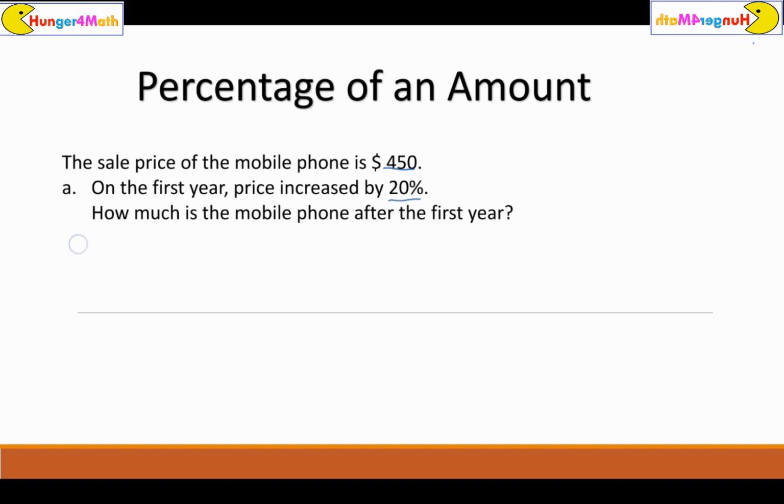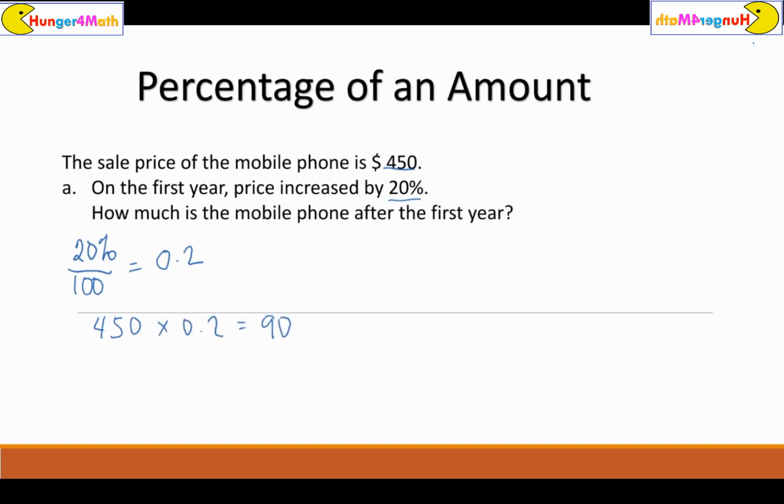First is, let's copy 20% and change it into decimal by dividing it by 100. And that is equal to 0.2. Afterwards, we're going to multiply it to the amount. 450 multiplied by 0.2 is equal to 90.